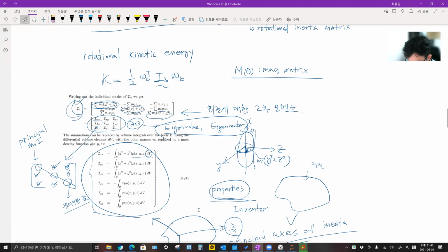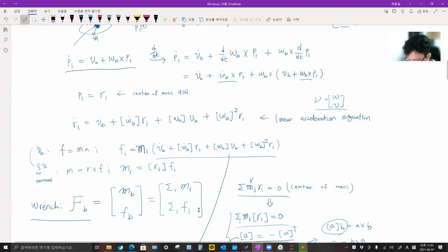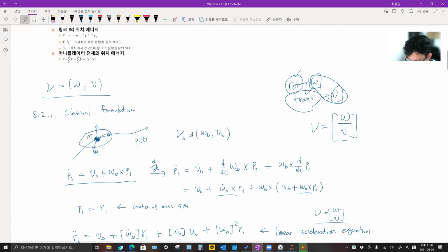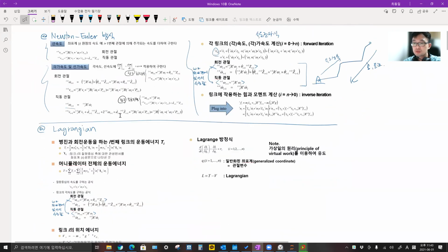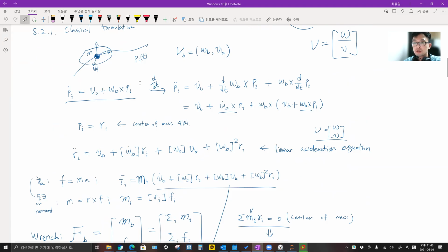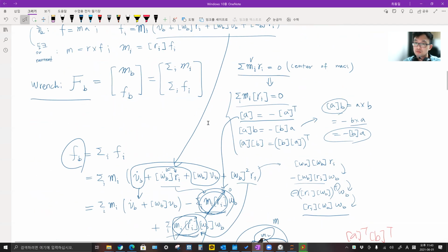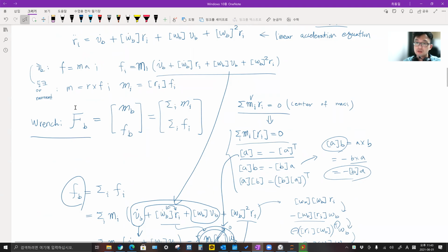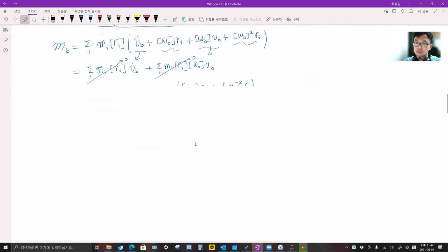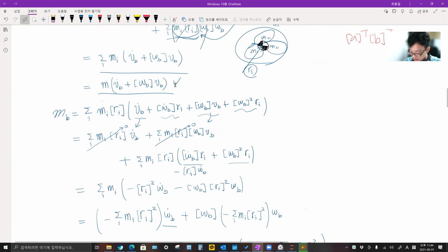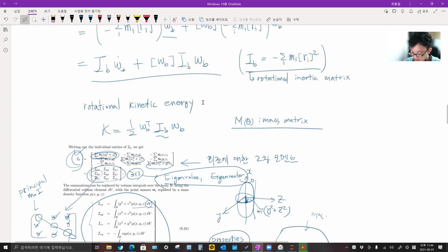That's it. The classical equation in the Newton-Euler method, when we deal with the rigid body at the center of mass position, if we derive the equation, it becomes very simplified, like this and this.